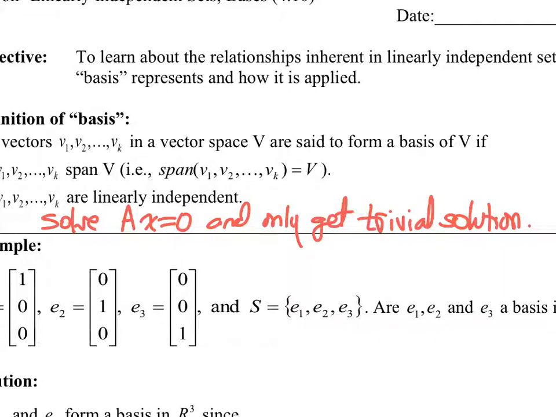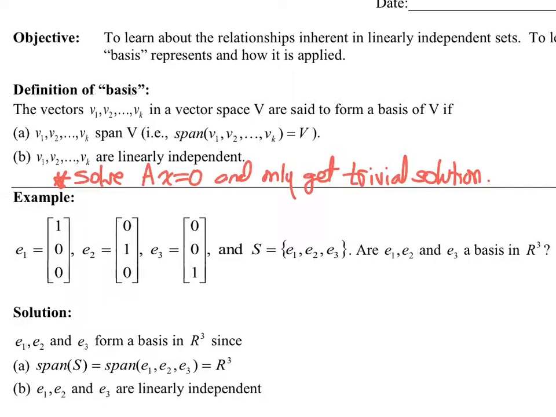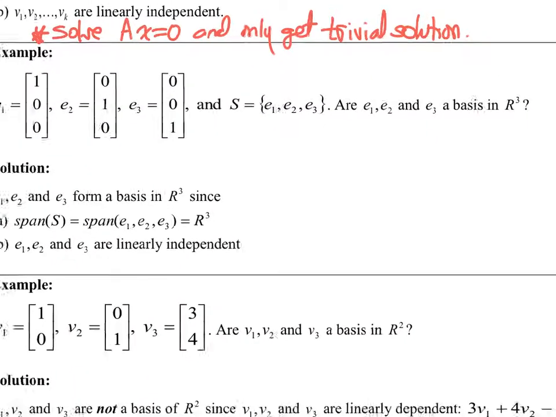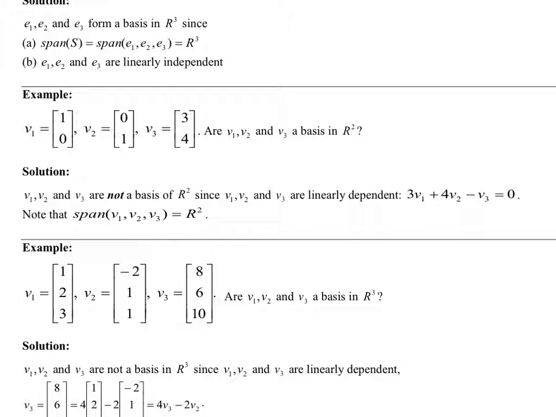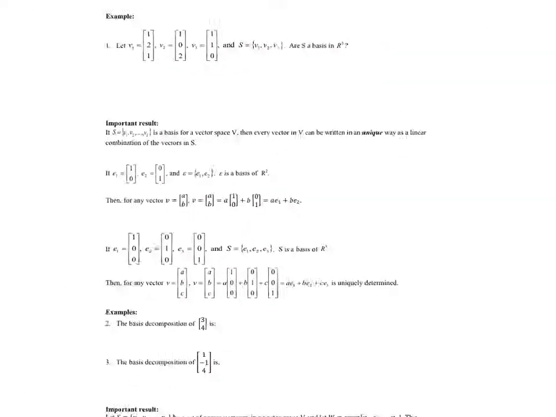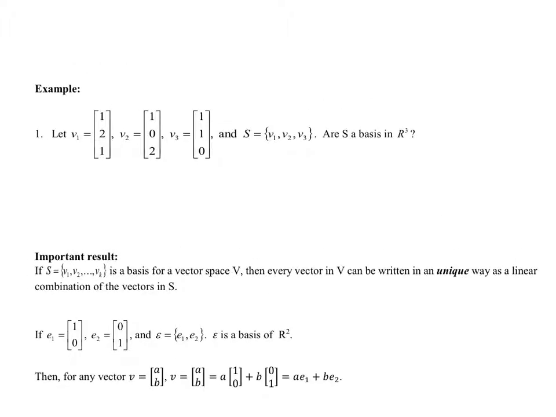The other part we just went over, showing that V1, V2, all the way to VK spans V. That's just determining span, and all of these examples are really getting at that idea. That's how we know something forms a basis of a real space. You can look over these examples, but they're not overly challenging. I wanted to go through one with you.